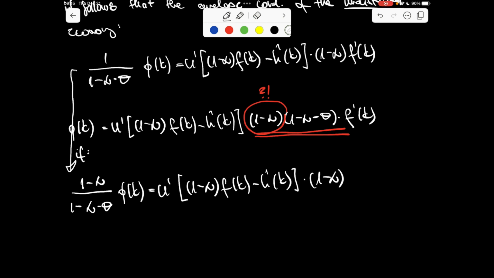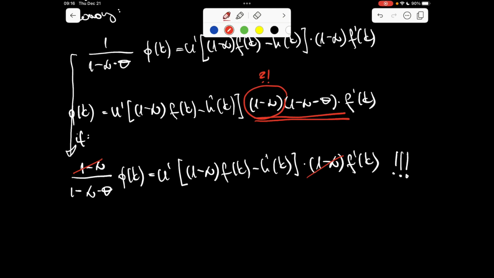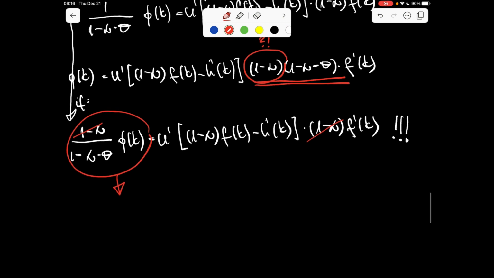Because in this case, we could get rid of these terms. So we need to form another set of assumptions in order to get to this envelope condition. So let's focus on this part of the equation. In this case, and let's think backwards.